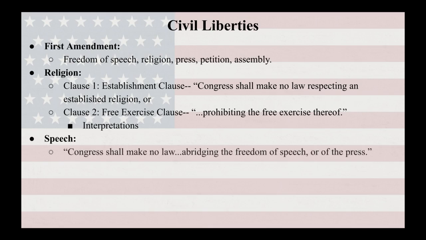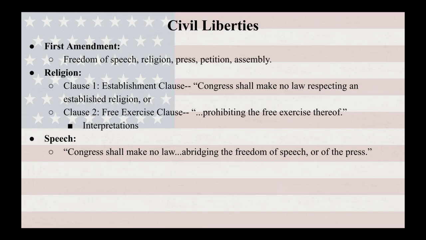The part of the First Amendment that deals with the freedom of speech is that Congress shall make no law abridging the freedom of speech or of the press. Because the press, by extension, is exercising freedom of speech when they write about certain things.